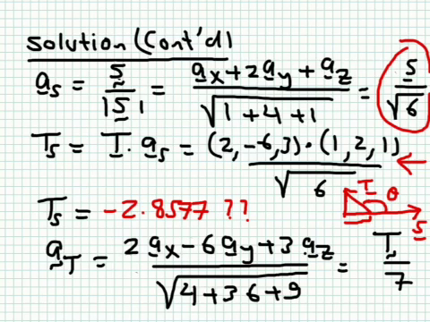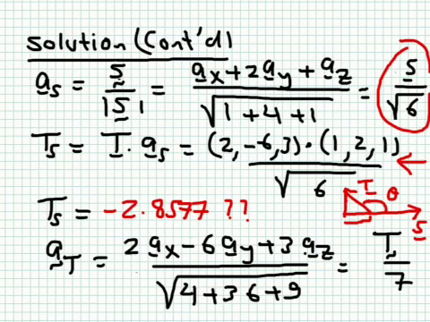So the answer, I left it written with a negative sign, but I want you to understand where this came from. The projection length is positive, but the cosine of theta is negative. So this is telling you that the angle between these two vectors is between 90 and 270 degrees in this case.